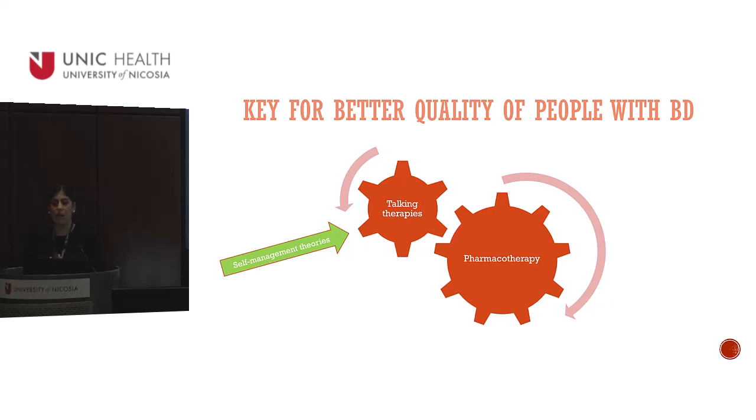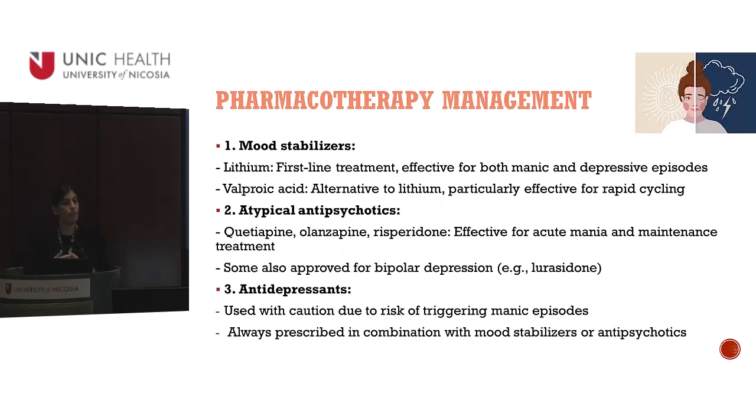The management of the acute phase and long-term stabilization in bipolar patients, who face an increased risk of suicide, involves a combination of pharmacotherapy and talking therapies such as psychotherapy and psychoeducation. There are several types of prescription medication for bipolar disorder.